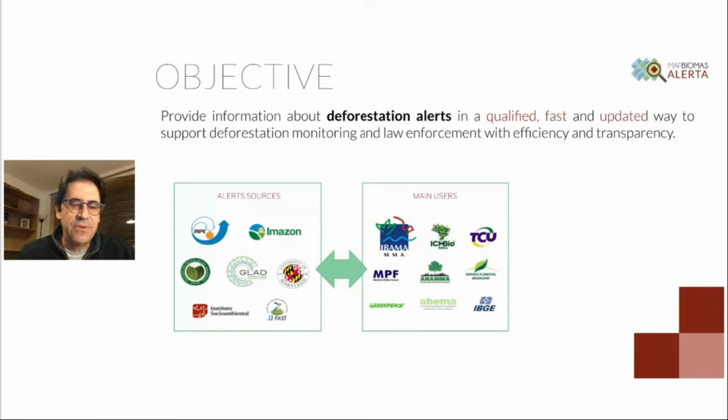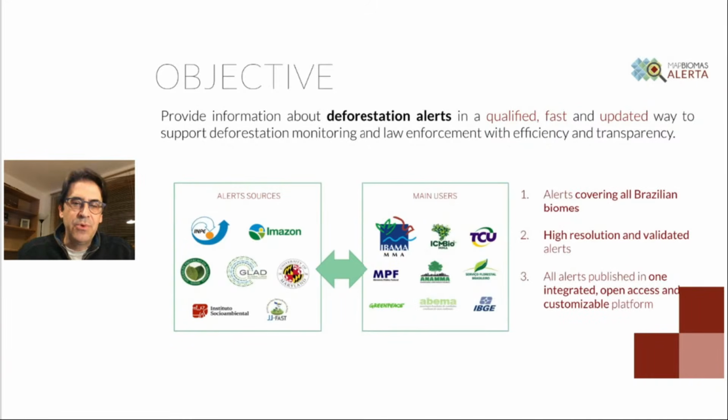And we found out that in order to increase the efficiency and efficacy of using those alerts, we need to produce alerts that cover all the biomes in Brazil using the same approach, validated in high resolution, which makes it much easier to convince the judge and anyone during the process that this is a real deforestation.